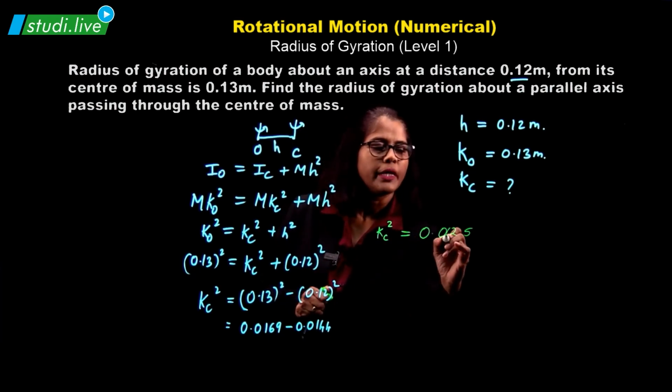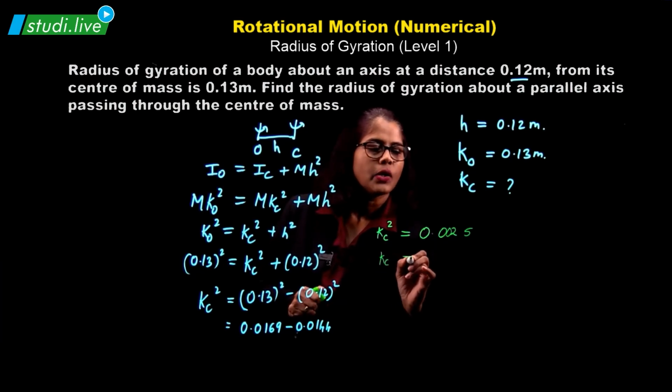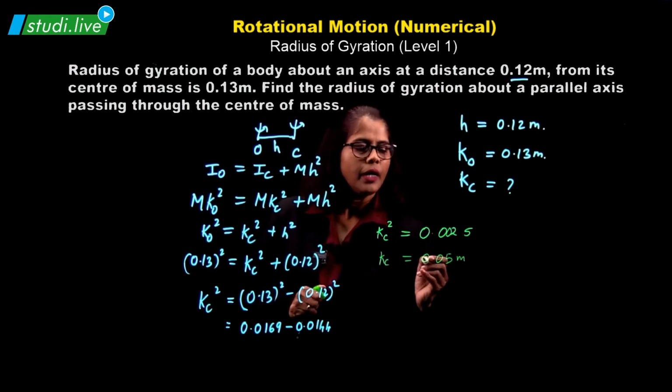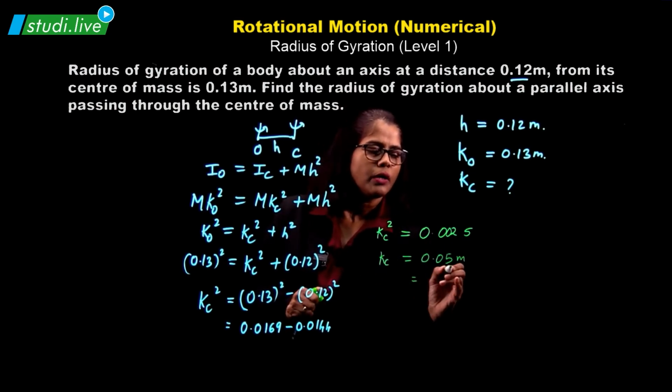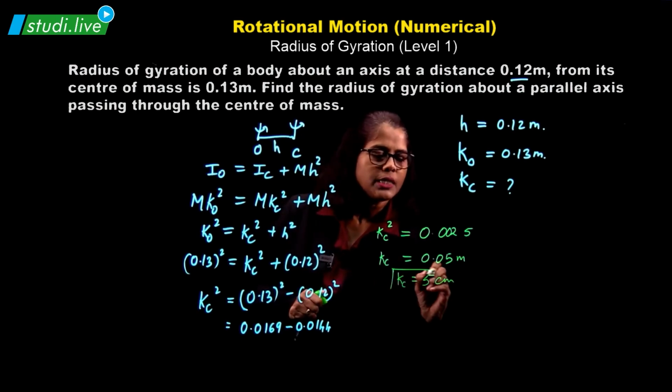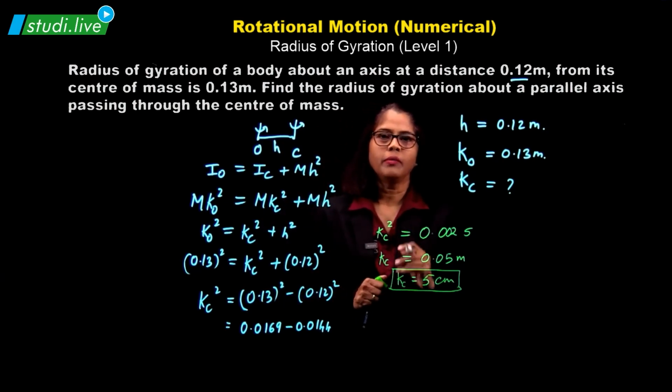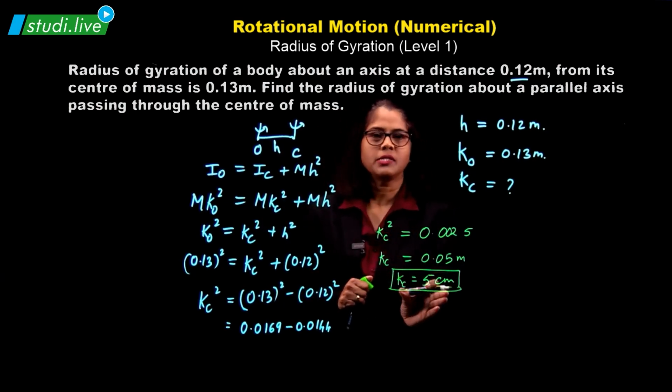Sorry, one more 0 will be there. So KC is equal to 0.05 meter. Okay. In centimeter, if you write it, it will be what? 5 centimeter. So this is the radius of gyration from center of mass. So this is the answer.